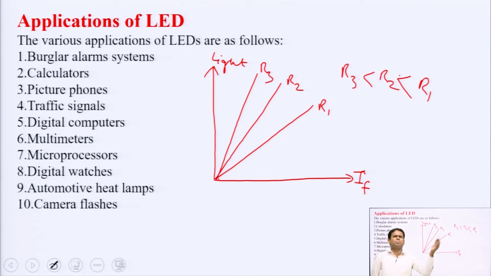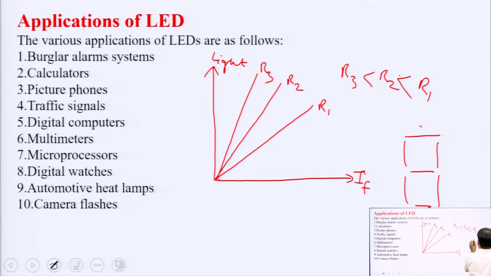In the case of LED bulbs, we use them in our houses or in our classrooms. The famous application of LED is the 7-segment display. We always use this in any digital display. This is labeled A, B, C, D, E, F, G. This is the 7-segment display.